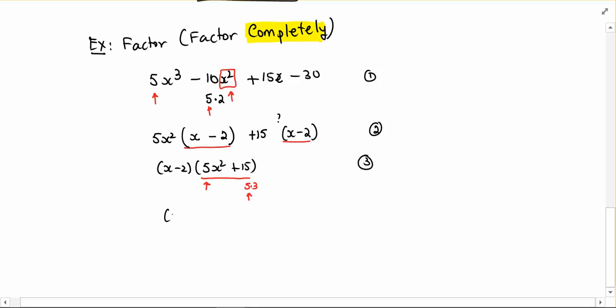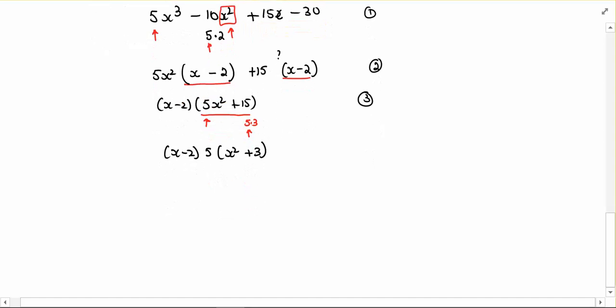So you could do x minus 2, 5, x squared plus 3, and now you have factored completely. You can rearrange these terms and write it like so. And this is something that you really must remember to do always, to factor completely. So if you can factor some more, you must factor some more.